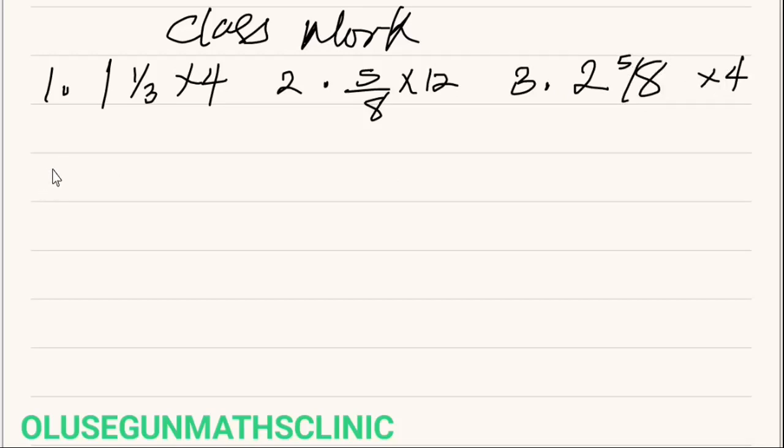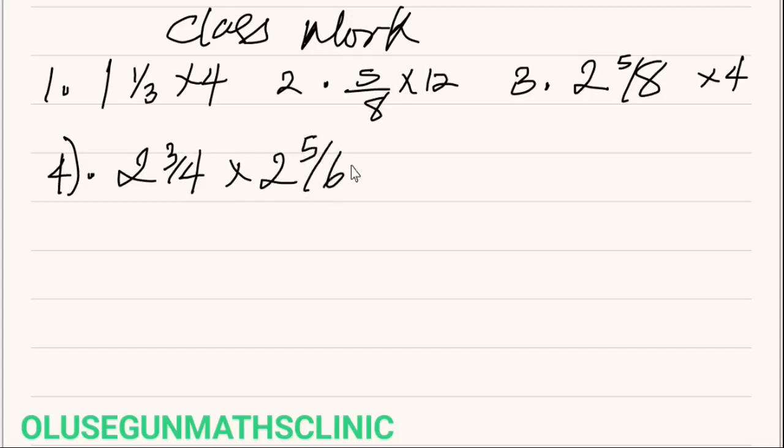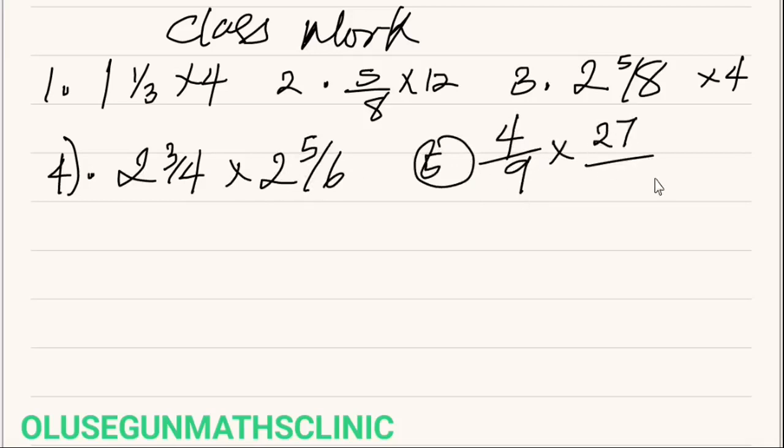Number 4: 2 whole number 3/4 times 2 whole number 5/6. Number 5: 4/9 times 27/32.